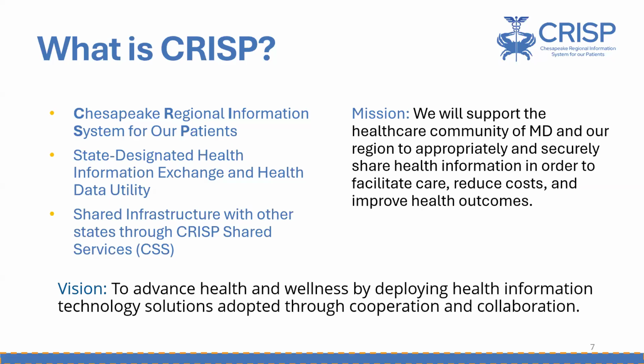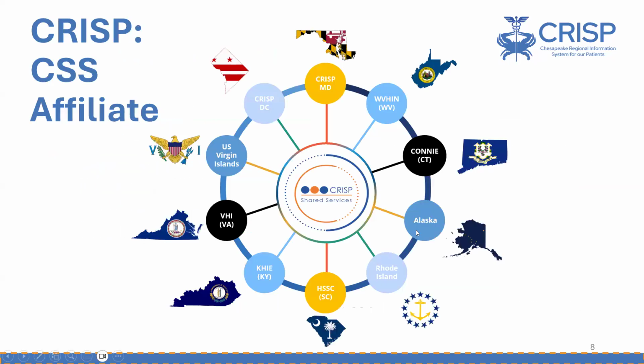improve health outcomes. We work as an affiliate as part of a broader health information exchange system called CRISP Shared Services, where we partner with that parent organization, leverage their technology and tools, and also are able to share best practices with the other states' HIEs that are participating with CRISP Shared Services.